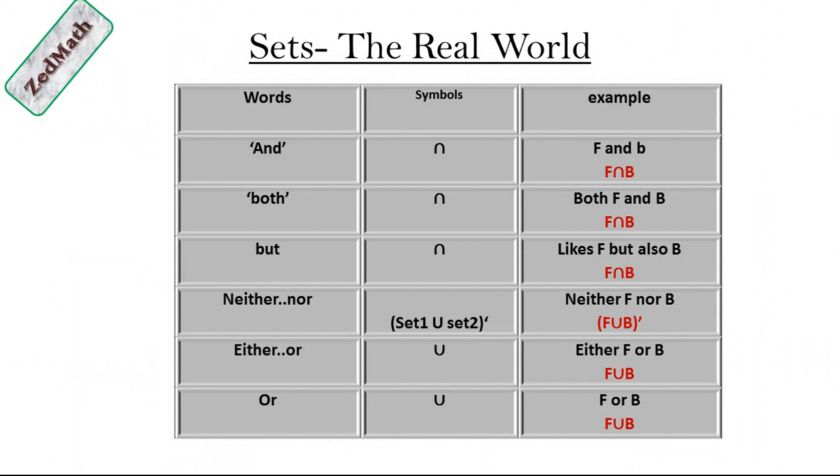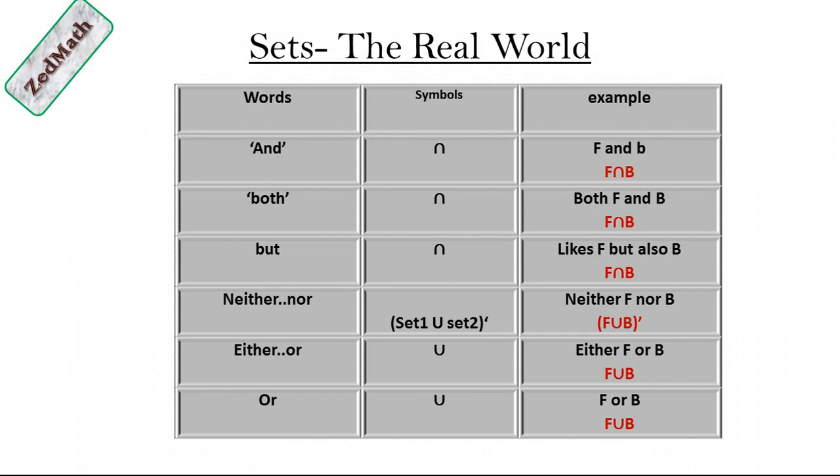Then the other one is neither nor. If we've got a statement that contains neither nor, we're talking about the complement of the union of two sets, as shown in the symbols. So set 1 union set 2, then complemented.